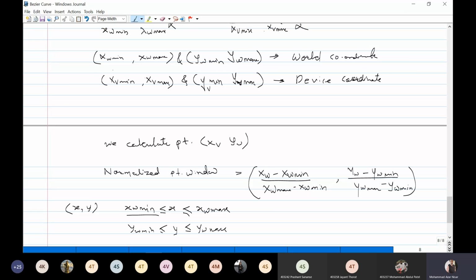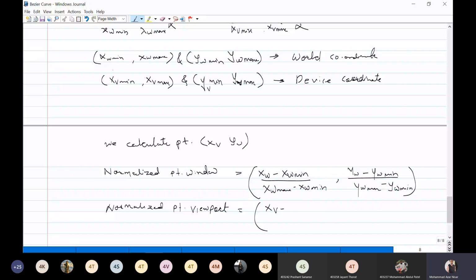Okay, then the normalized point for viewport will be xv minus xv minimum divided by xv maximum minus xv minimum.